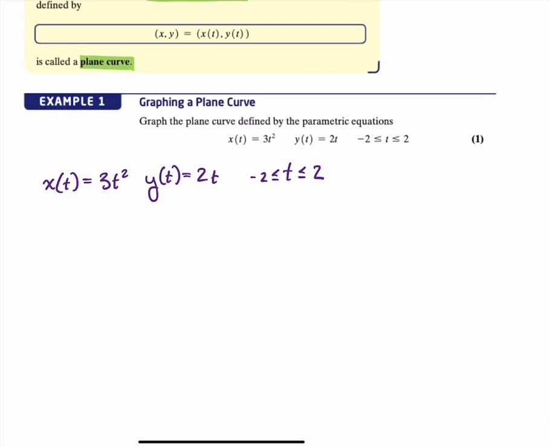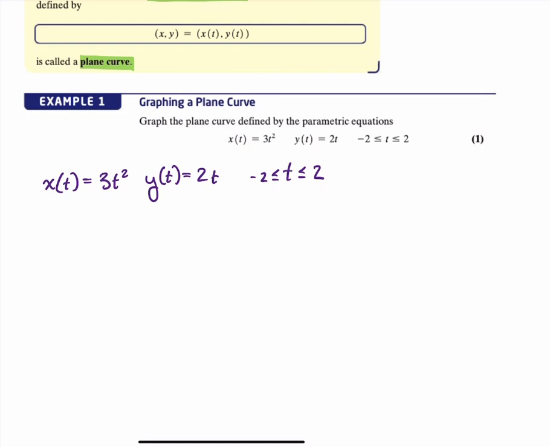T will take on values in that range. So it's asking us to graph this curve so we can see what it looks like.